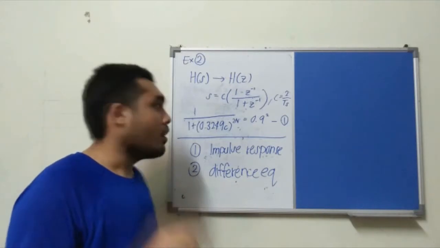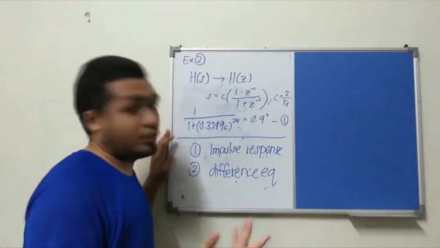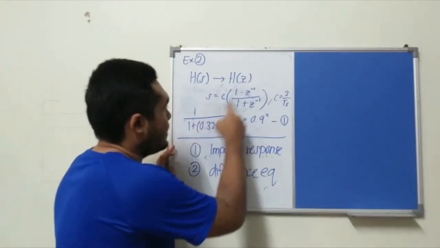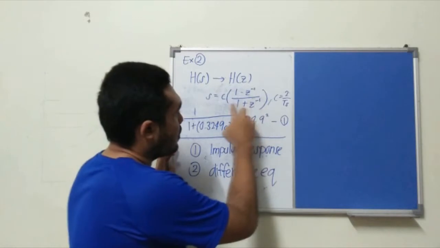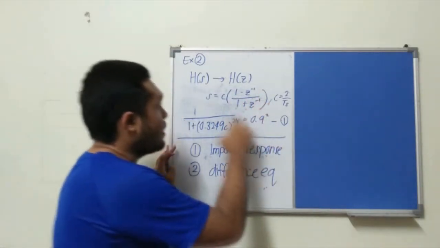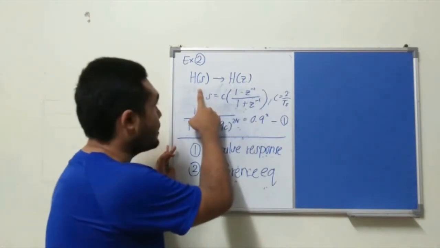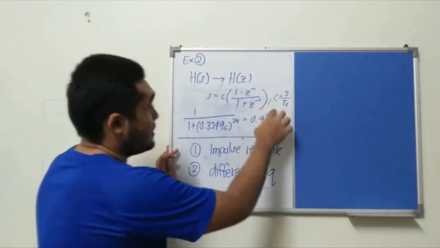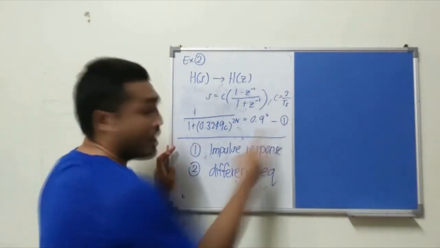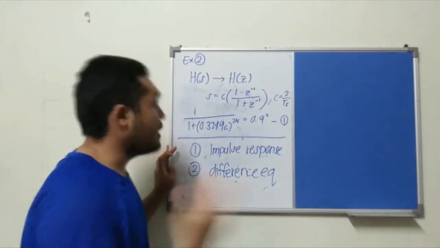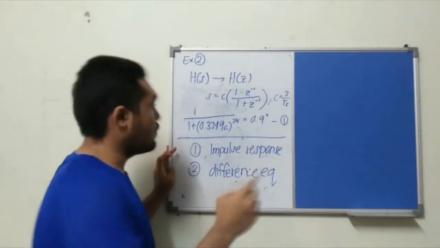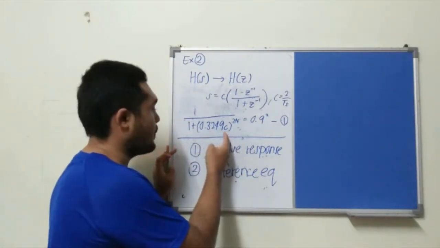Now we can change into Z transform by substituting S equals C times (1 minus Z to the power of negative 1) over (1 plus Z to the power of negative 1) inside the H(S) equation, where C is actually 2 over TS. But remember, we have this first equation, so we can just input the order of the filter, which is 4, inside this equation, and we can get C.